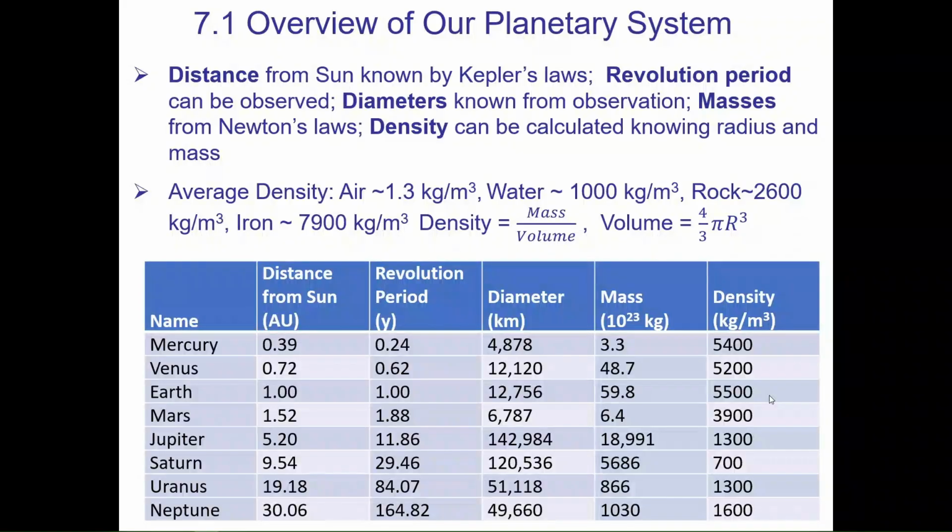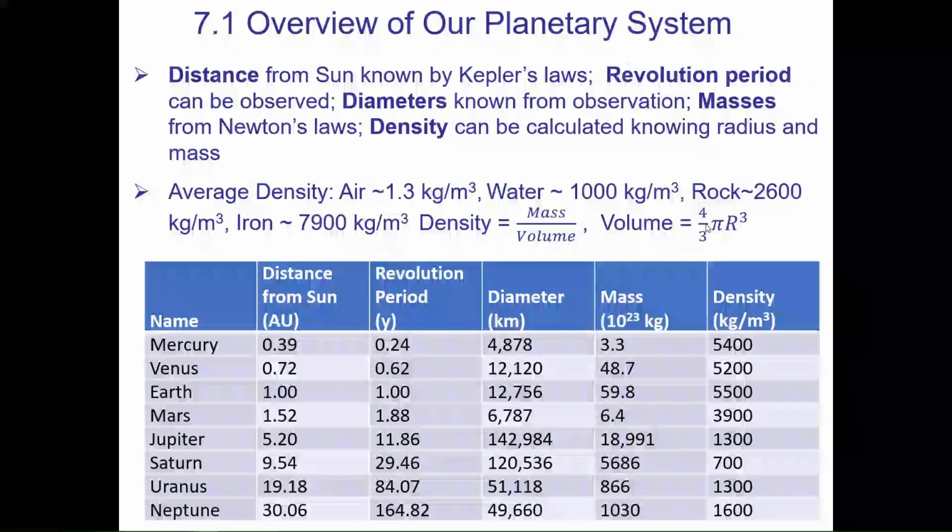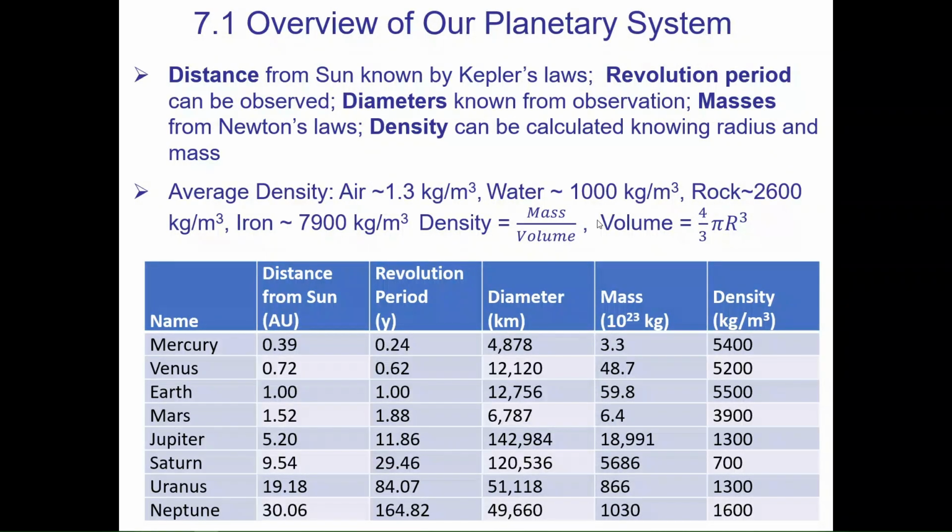And for the giant planets, the outer gaseous giant planets, you can see their densities are much smaller than those of the terrestrial planets. Just from those values, you probably know that they cannot be made from just rocks or iron.